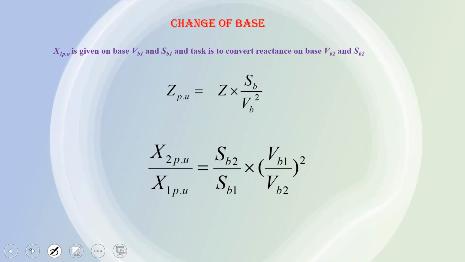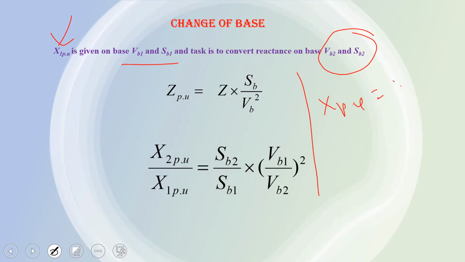So let us see this slide. Here reactance is given on this old base, where VB1 and SB1 are the base values at which reactance is given. And the task is to convert this reactance to a new base. How will you convert? As you know, the reactance in per unit can be written as its actual value into SB by VB square.